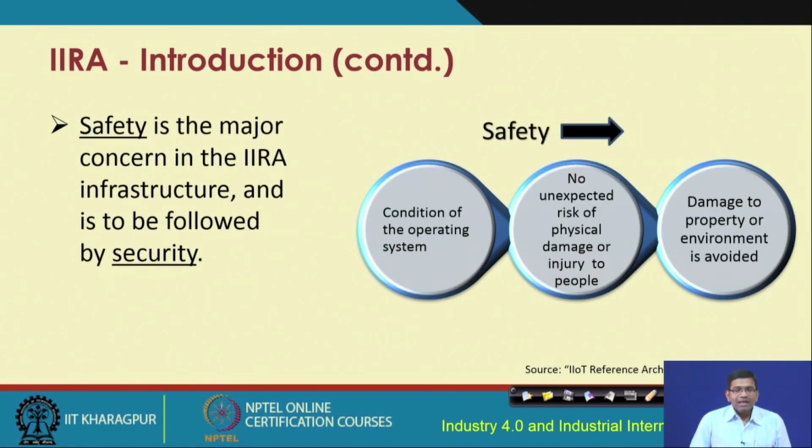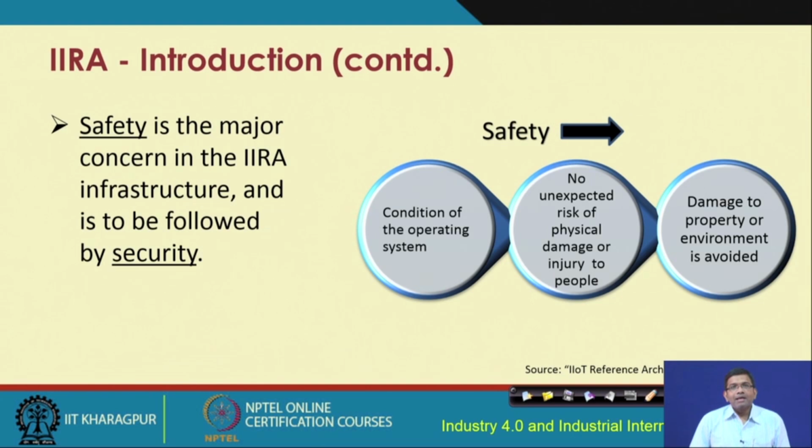For the IIRA, one of the central thematic concerns is safety, and many of these architectural elements have been designed in such a way that safety has been kept in mind.